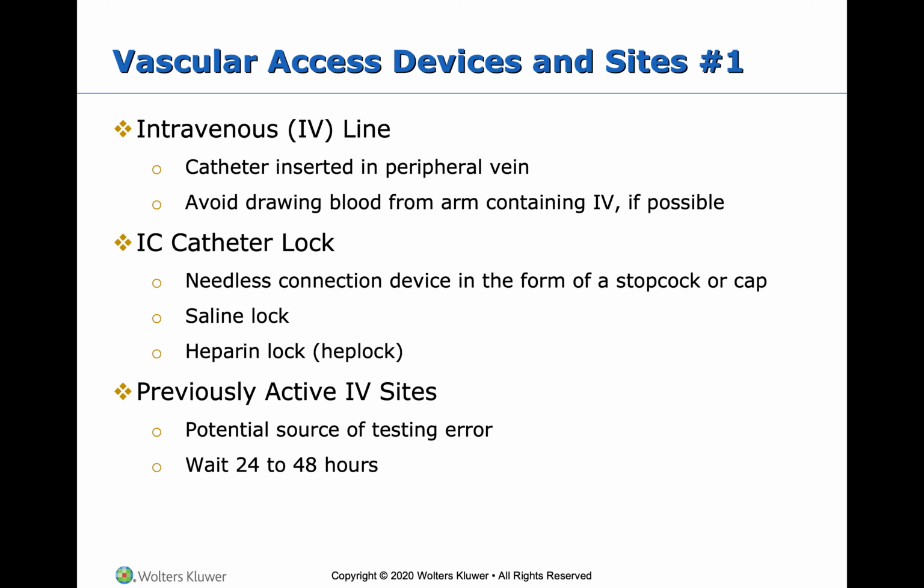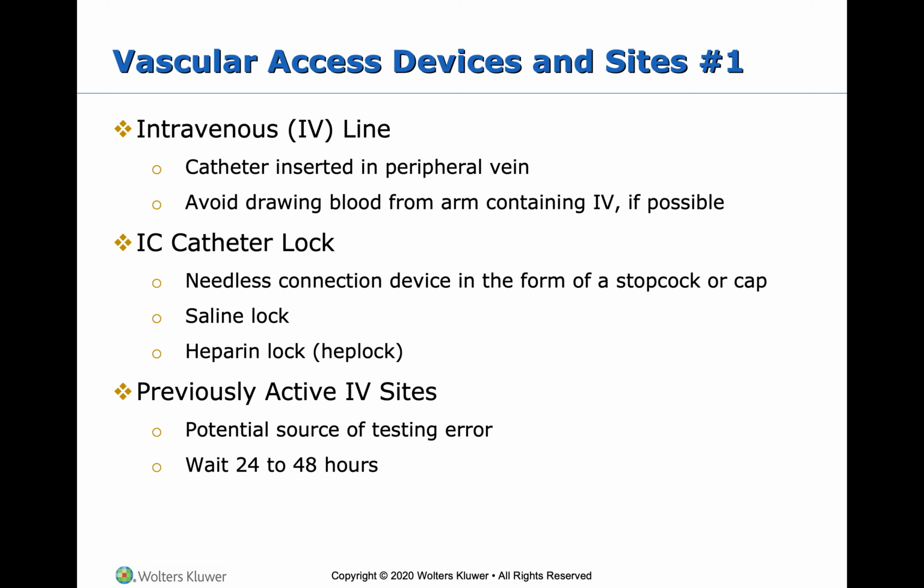With that being said, you are going to want to avoid drawing blood from an arm containing an IV if possible. That's because the fluid or medication, whatever they're pushing through the IV into the veins, can contaminate your blood sample and give erroneous results after testing.